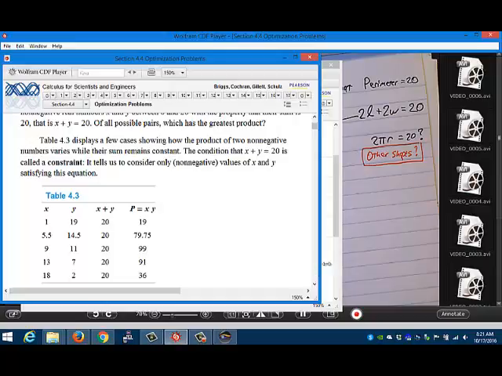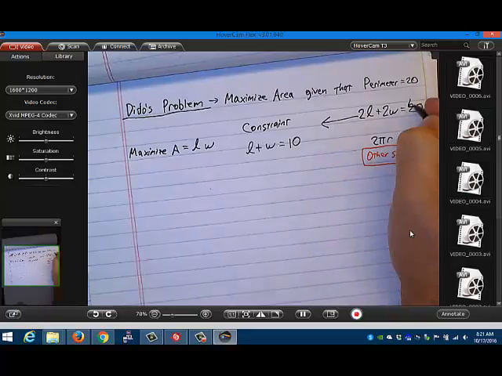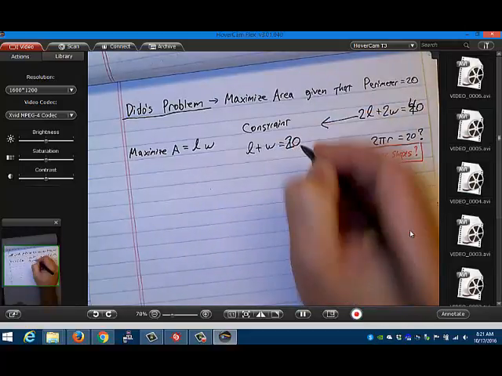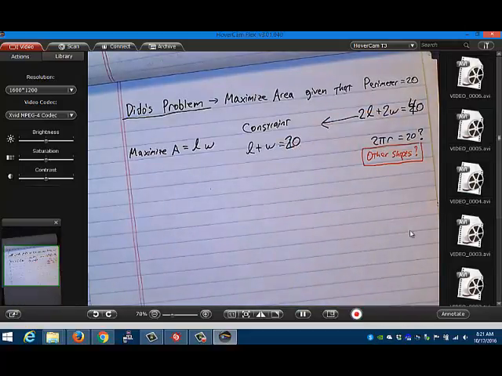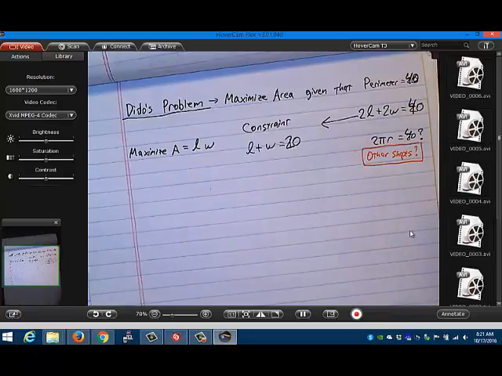So if I were to redo, my constraint would be maybe this, and then I would make it that. Is that okay? Fine. Same idea. Okay. So let's do that. Suppose that the perimeter has to be 40. Fine. Then I can just follow what the book did. It's the same idea. L plus W is 20.